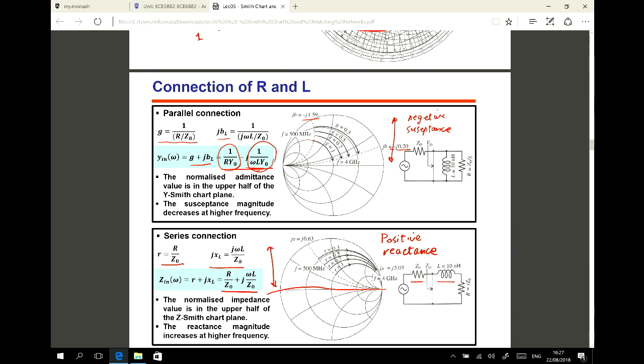The susceptance is exactly similar to conductance. The unit is Siemens, 1 over R, similar to conductance. It's 1 over ohm.